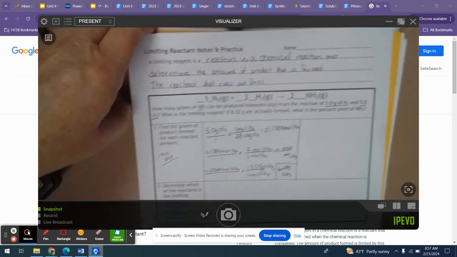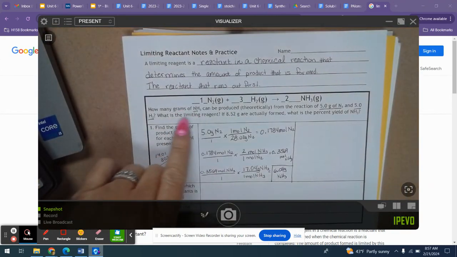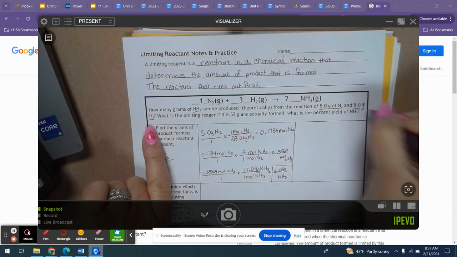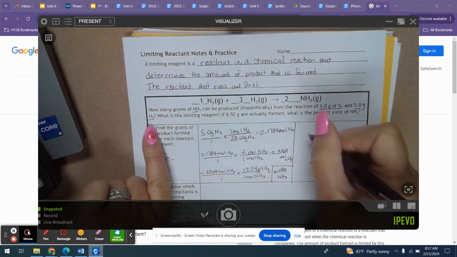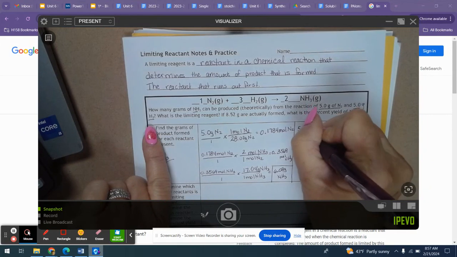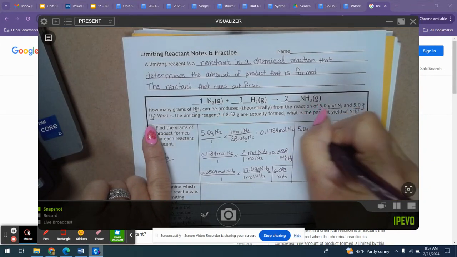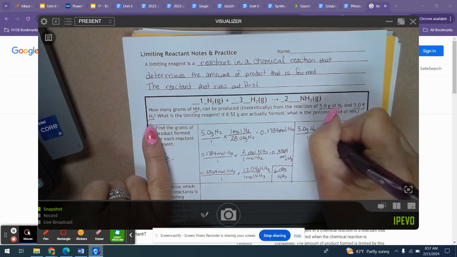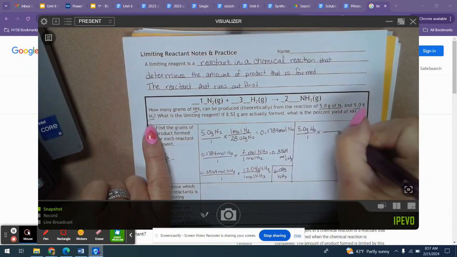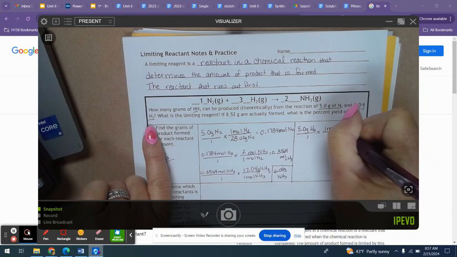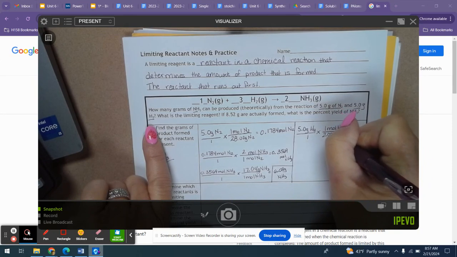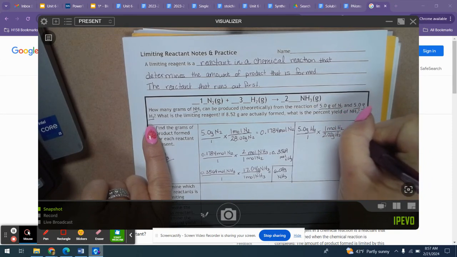Now we're going to do the same type of calculation, but this time we're starting with 5 grams of H2. Since we're starting with H2, we're going to use the molar mass of H2. 1 mole of hydrogen is 2.02 grams of hydrogen.